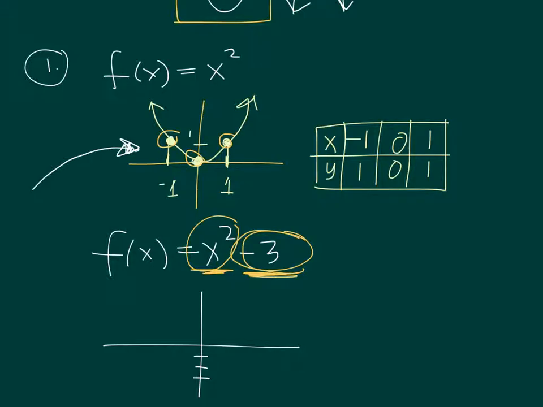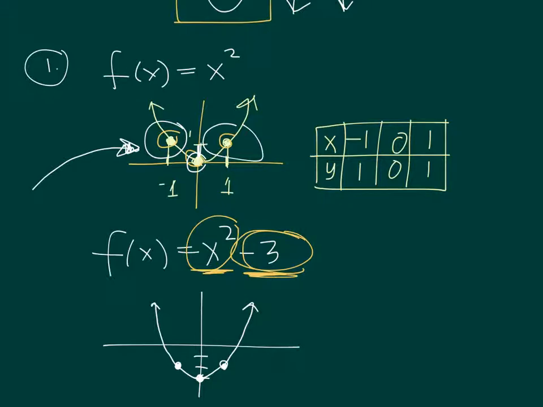So same with the other 2 points. Take note, they're just 1 unit higher than the vertex. So if the vertex is now located here, the other 2 points should just be 1 unit higher than the vertex. So try to connect the points again, and that's how you get x squared minus 3.